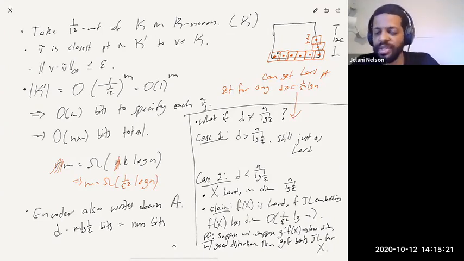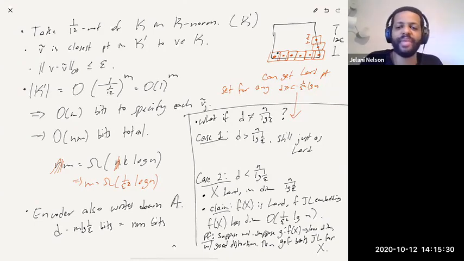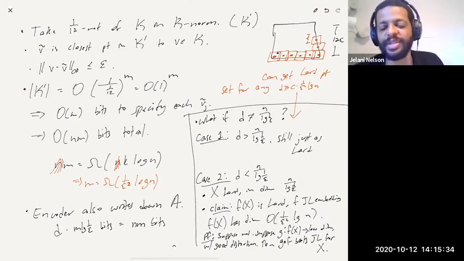Why? Because you can just take the identity map. If the original dimension of the point set was 5, you're not going to be able to say, oh, there's no way to embed this 5-dimensional point set better than 1 over epsilon squared log N. No, you can just do the identity map. The identity map maps it back to 5 dimensions with no distortion whatsoever. So, essentially, this is the best you could hope for.